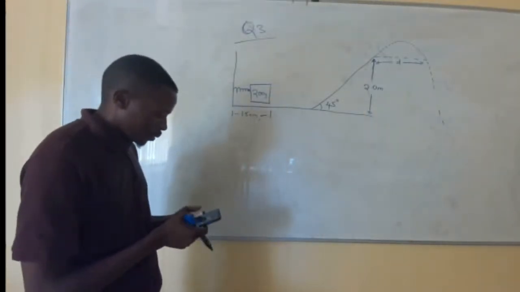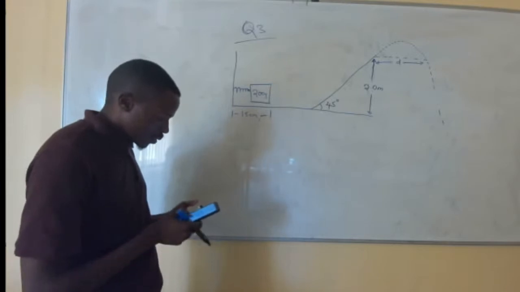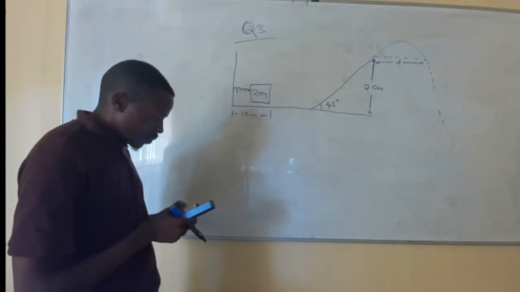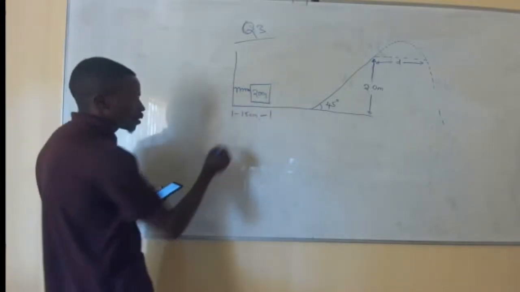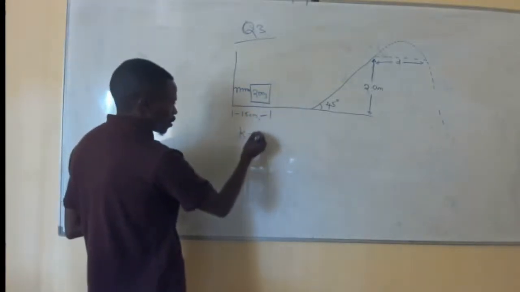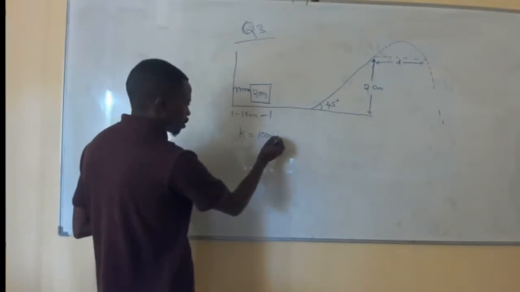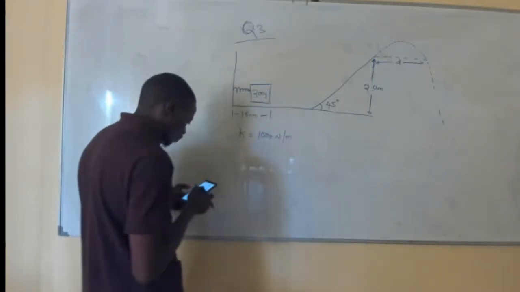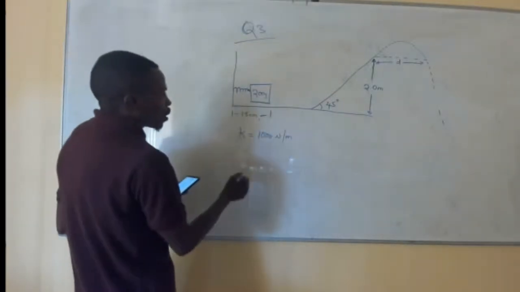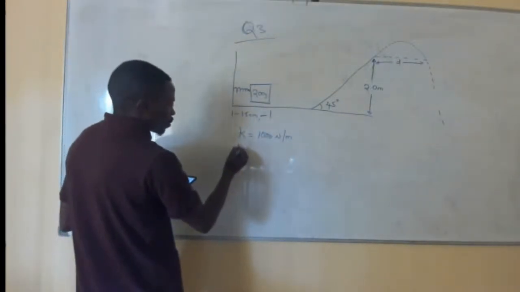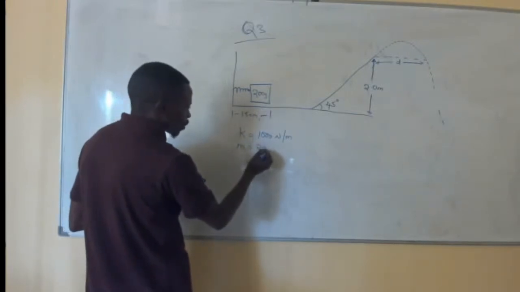So how do we proceed? We've been given a spring constant K of 1000 newtons per meter. Our block is 200 grams, so the mass is 200 grams.